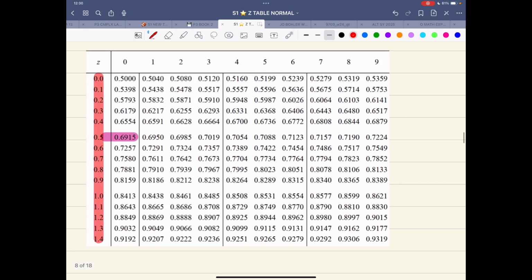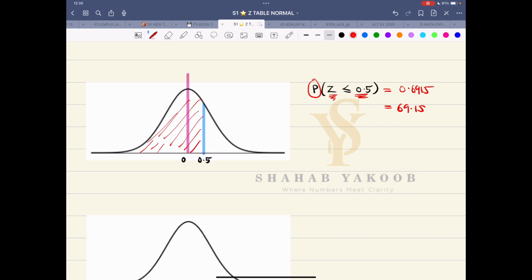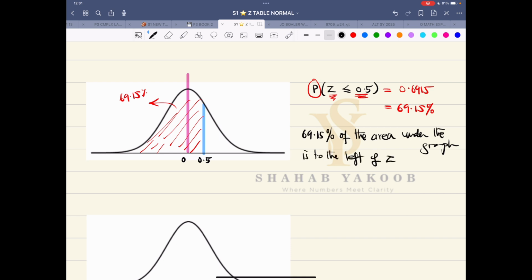It is stated over here right away, which can be written as 69.15%. Let me write this thing in words: 69.15% of the area under the graph, because under the graph area is the probability, is to the left of Z value of 0.5.